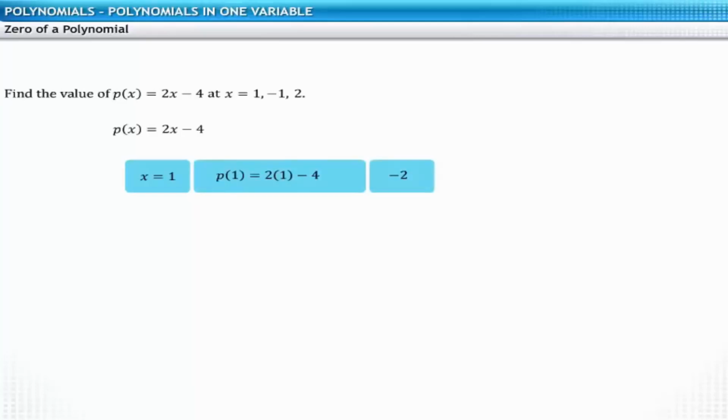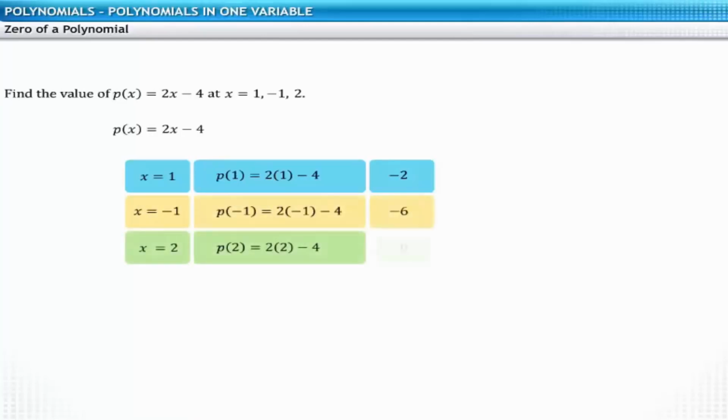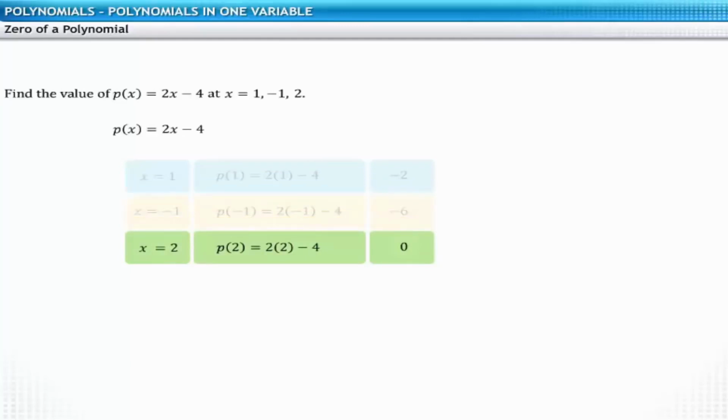Similarly, the value of the polynomial for x is equal to -1 and x is equal to 2 is -6 and 0 respectively. In this example, the value of the polynomial is 0 when x is equal to 2. Therefore, 2 is the zero of the polynomial p of x is equal to 2x minus 4.